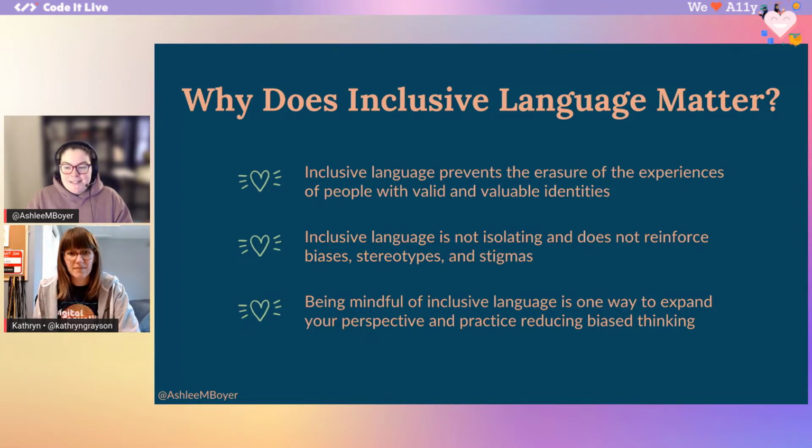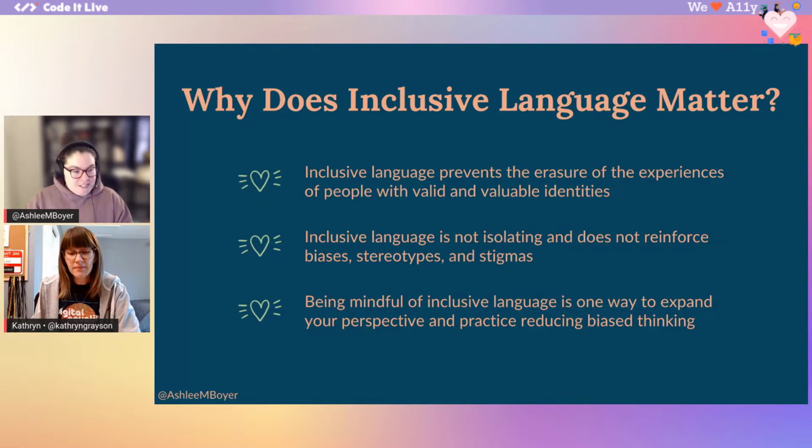Inclusive language is not isolating and does not reinforce biases, stereotypes, and stigmas. Exclusive language, on the other hand, is othering, and so much of it is based on untrue stereotypes and baseless stigmas. So that reinforces these things in our mind, like subconscious biases and things like that. And then being mindful of inclusive language is one way to expand your perspective and practice reducing bias thinking.